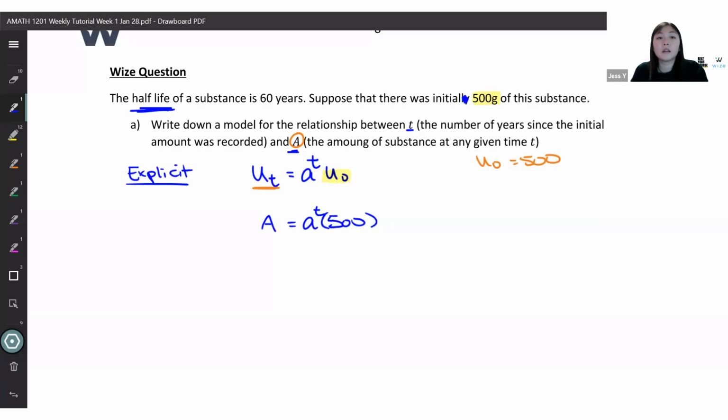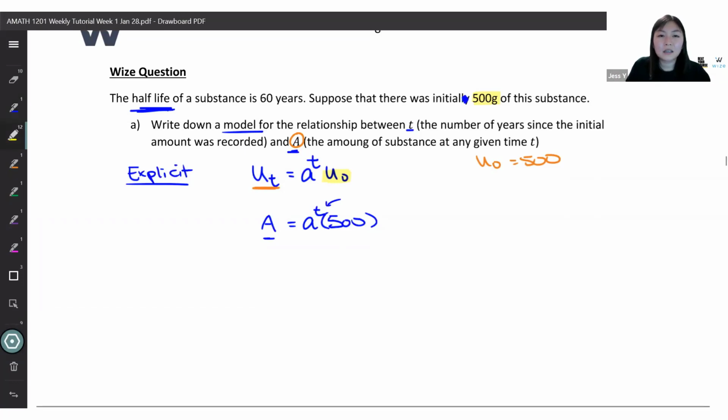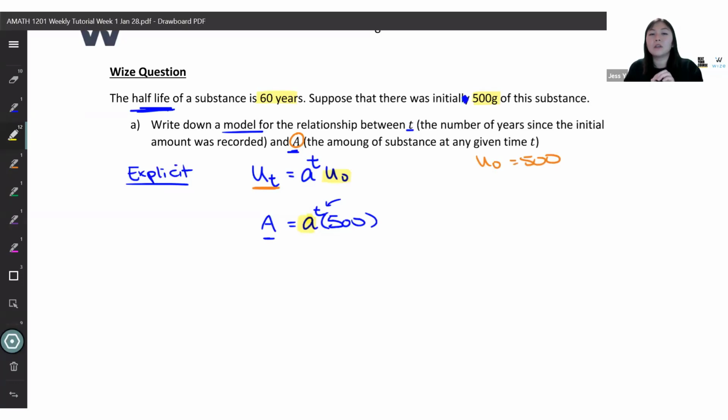Now we're almost there. They're asking us to write a model, meaning an equation. This equation is almost there. We have A and we have t, but we still are missing this little growth rate or decay rate, right? But the question gave us more information. They told us that the half-life of the substance is 60 years, meaning that when t is 60, we should only have half of the original amount.